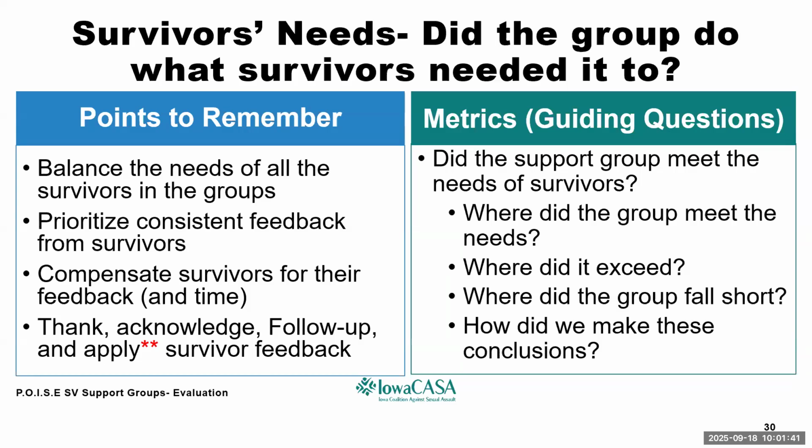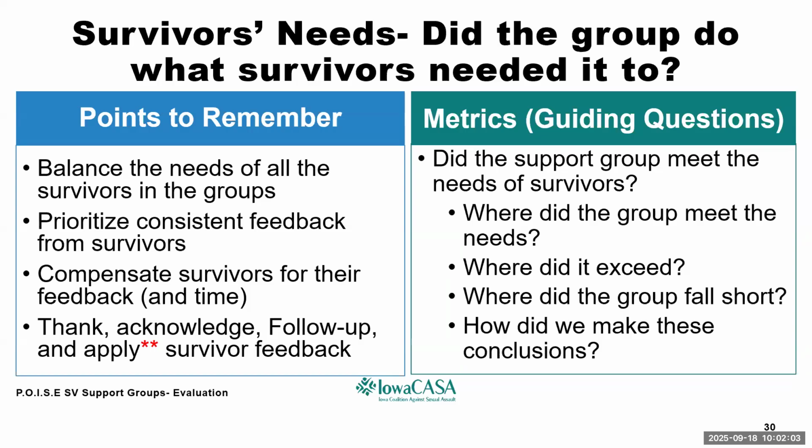So, if the first time we do any type of evaluation with survivors is at the end of our support group, it's probably going to be a little more awkward than if we had been doing feedback regularly, both casually and formally throughout the group. So again, it doesn't have to be a 3-hour long conversation about how the support group is going.